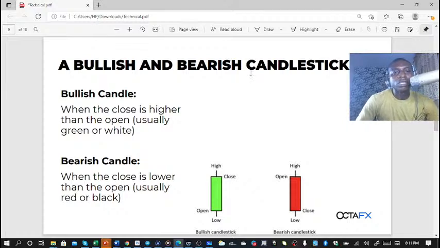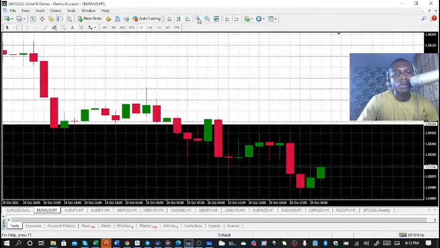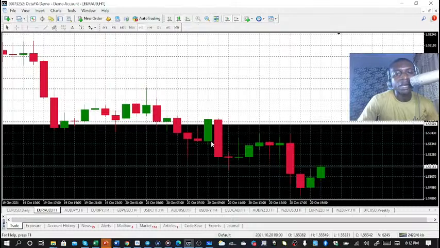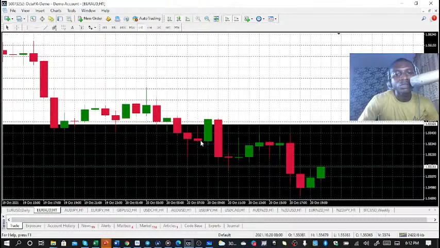Now, this is a bullish candle and this is a bearish candle. A bullish candle opens below and closes above. A bearish candle opens above and closes below. You can see it practically here: this candle opened at this region, goes up and closes here.